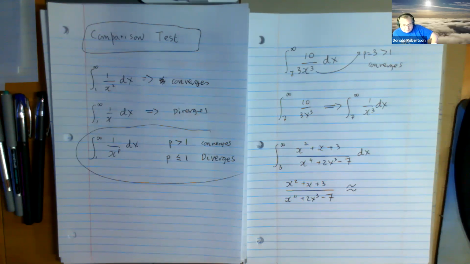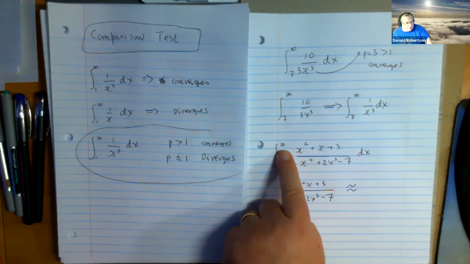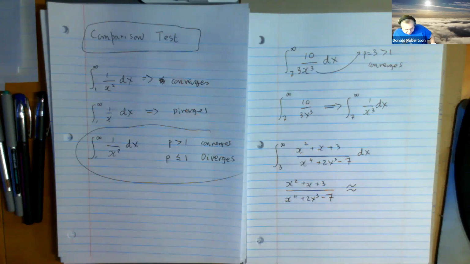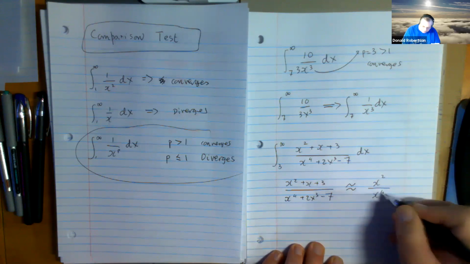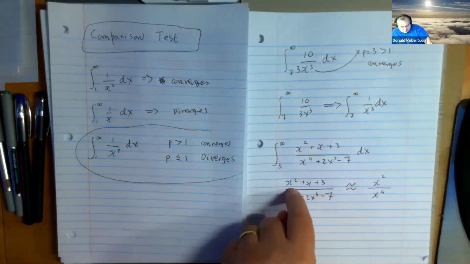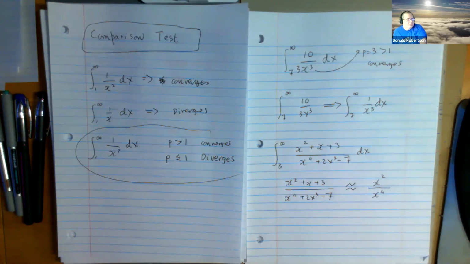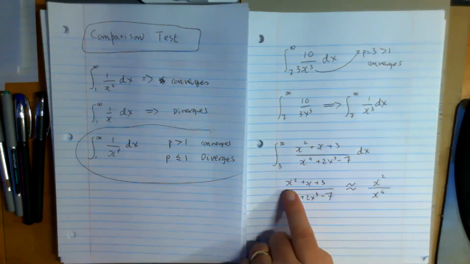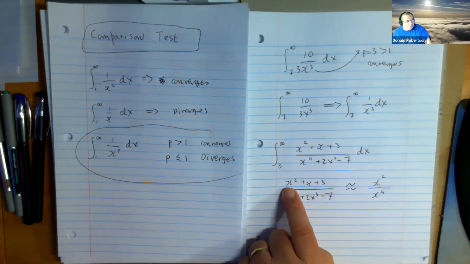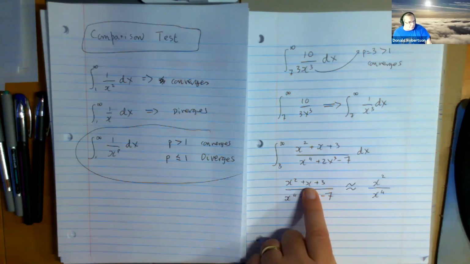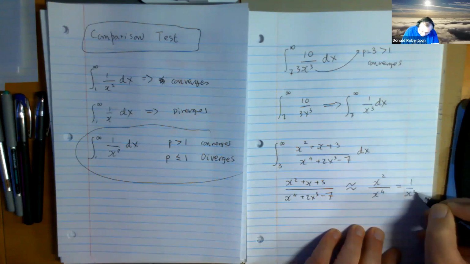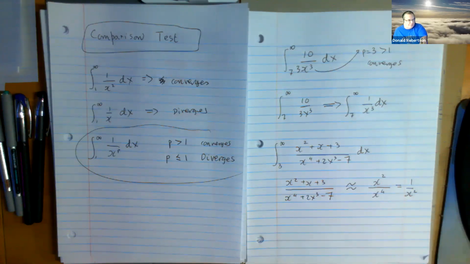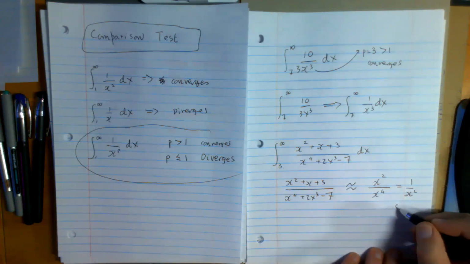In the big scheme of things, since you're only interested in what this integral looks like as x gets infinitely large, why can I say that this behaves like this? Those are the highest powers. When x is a trillion, won't a trillion squared be massively more important than just a trillion? And this simplifies down to that. What do we know about that guy? Does he converge? Yes.